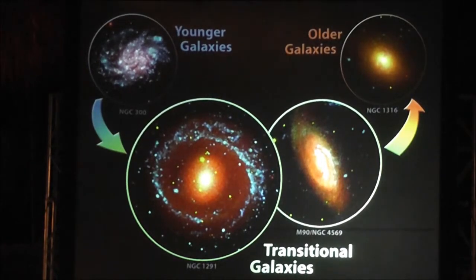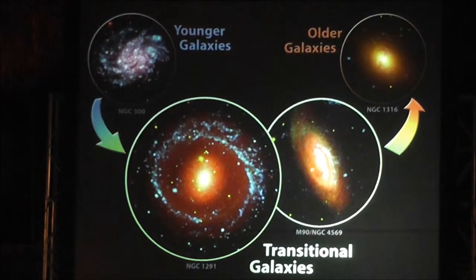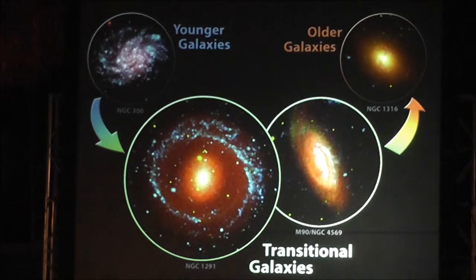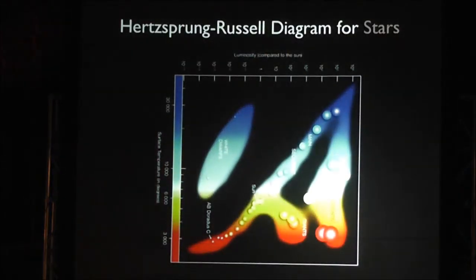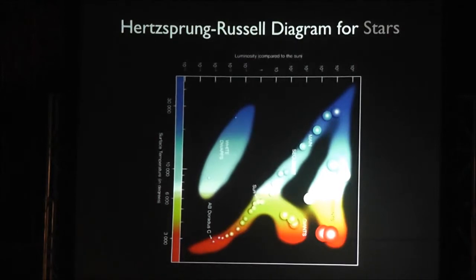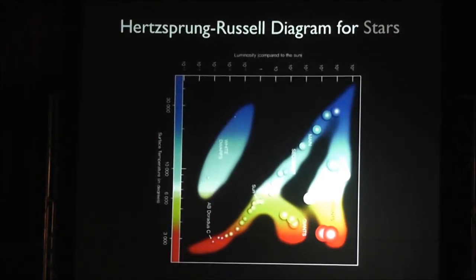They're transitional. They may be going this way, they may be going that way. We don't know. In fact, we're probably looking at galaxies that are doing both. It's interesting to try to understand this, to classify galaxies in a relatively simple way, just like we classify stars on the Hertzsprung-Russell diagram. Temperature tells us basically the mass of the star.